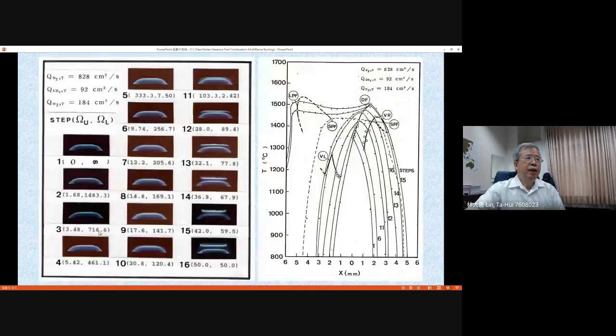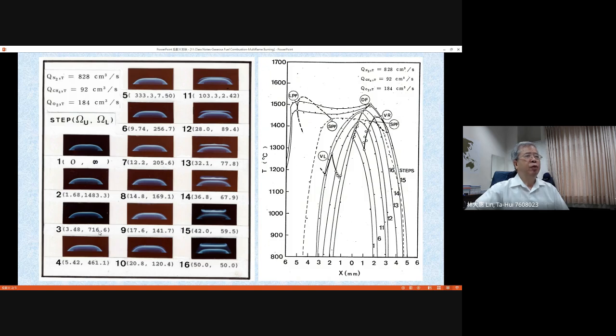Now let's look at the experiment results. This experiment, I did 30 years ago when I was at Northwestern University. I tried to bring those kinds of ideas as I described in previous slides to justify them by experiments.